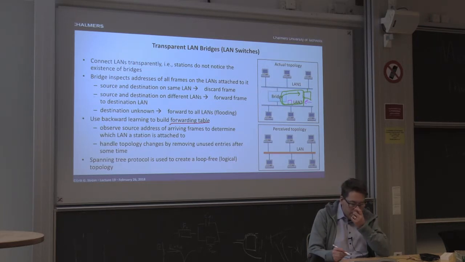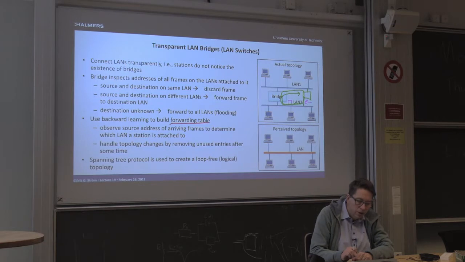So this spanning tree protocol is a way for the bridges to figure out which of the connections the bridges have to the LANs should be enabled and which should be disabled. Okay. So look at the lecture there and you can see how that works.